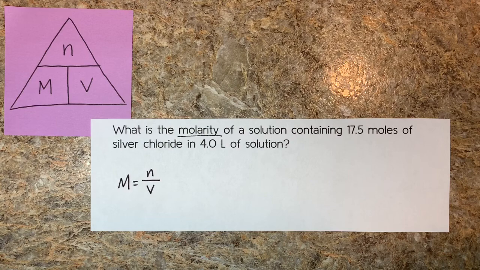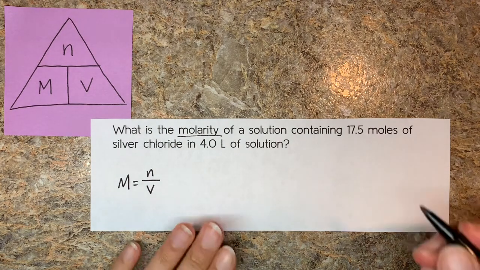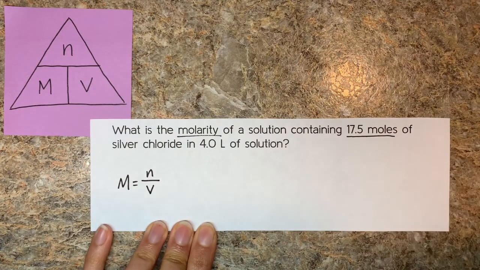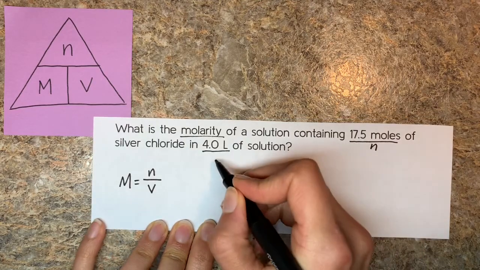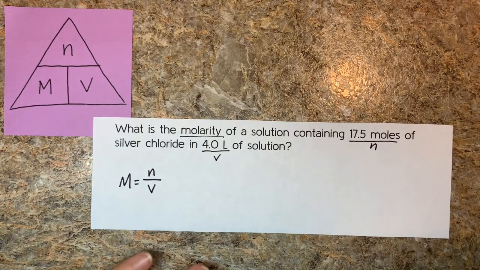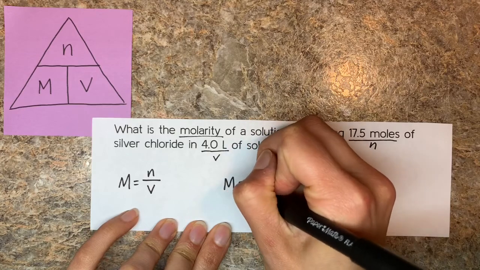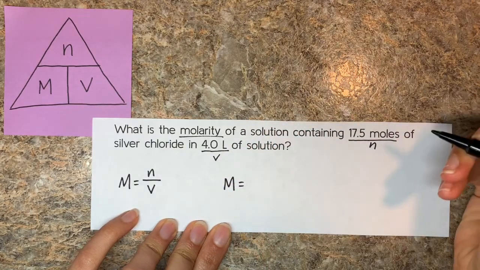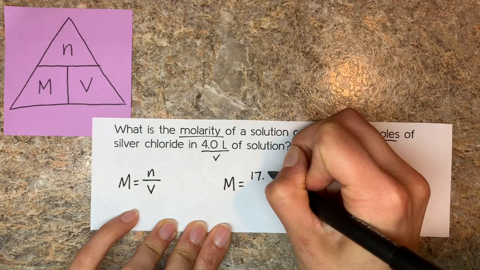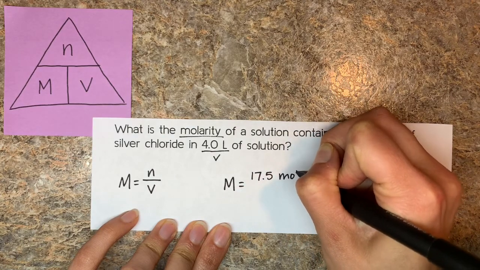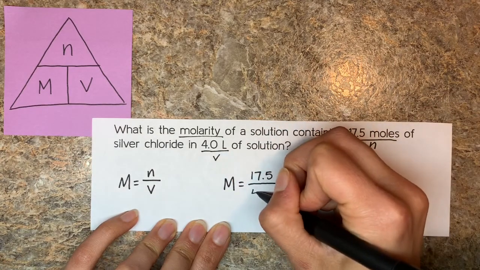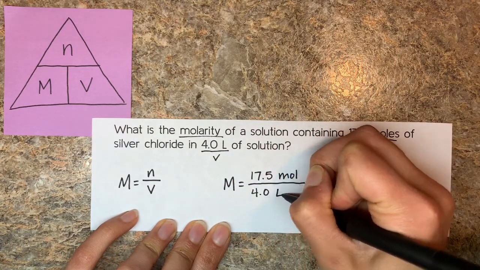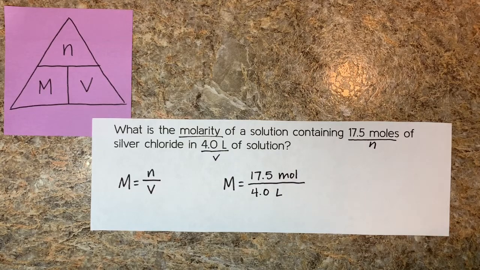Next, I'm going to plug the numbers from the problem into my equation. So the 17.5 moles will go in for N, and the 4 liters will go in as V. So now M, my molarity, is going to be equal to 17.5 moles of solute divided by 4.0 liters of solution.